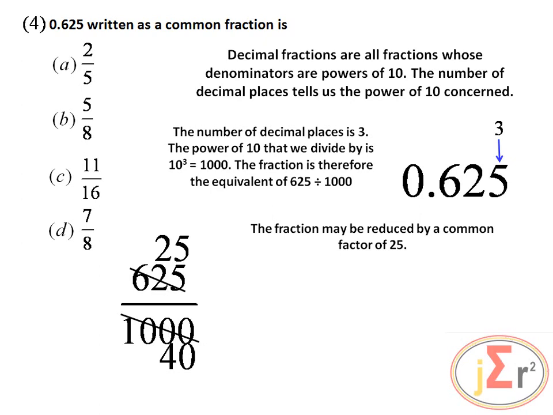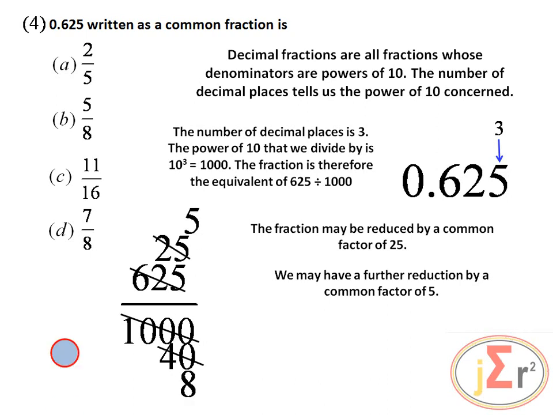We may have a further reduction by a common factor of 5. So we are reducing by 5 again. 5 into 40 is 8, and 5 into 25 is 5. Right, so our common fraction is 5/8.